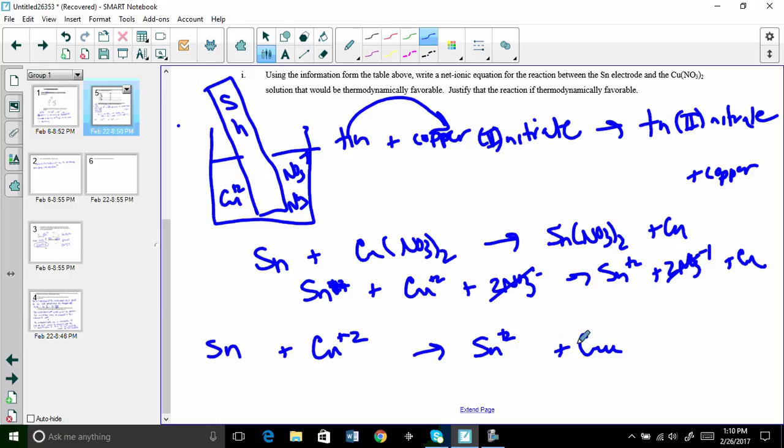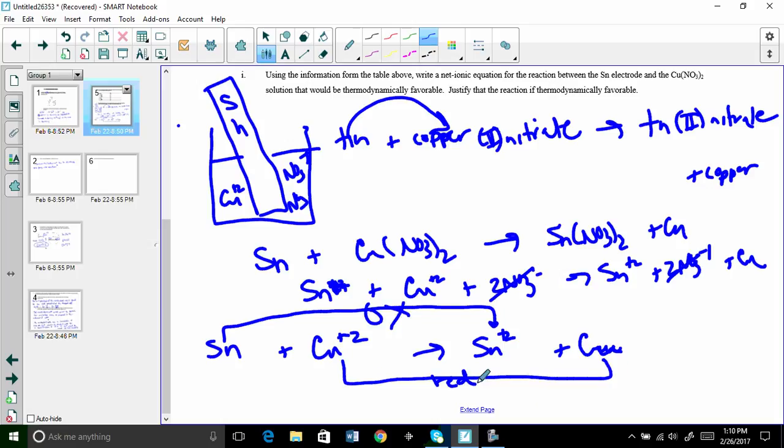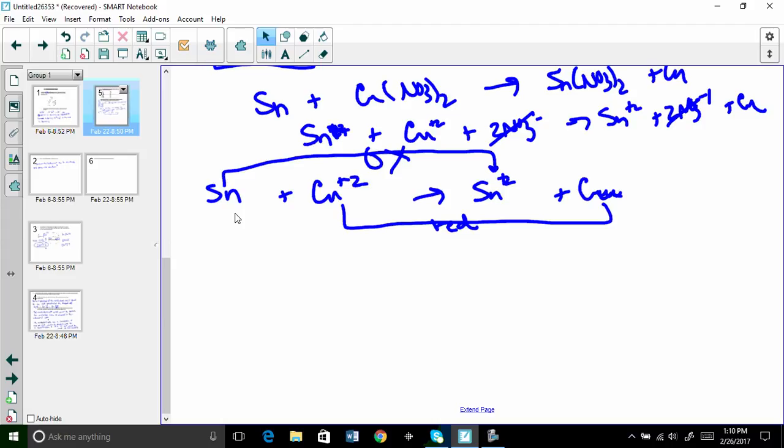It looks like the tin has oxidized because the charge is going up, and the copper has reduced because the charge is going down. We got 0 and 2 and 2 and 0. So I've got to take that tin oxidized equation, which is the last one, and flip it around.